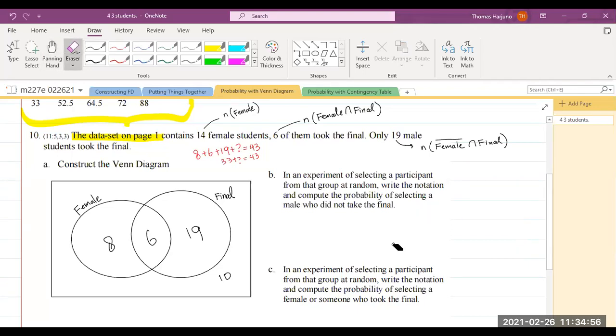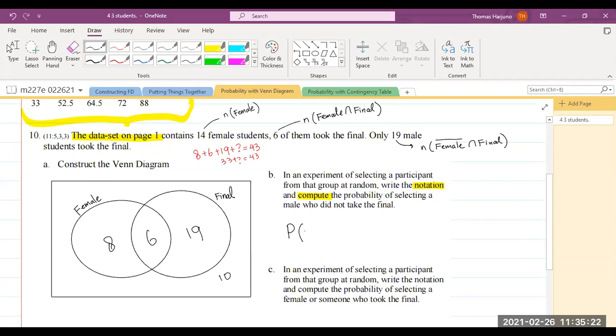Now, part B: in an experiment of selecting a participant from that group at random, write the notation and compute the probability of selecting a male who did not take the final. Notation: probability of selecting a male.